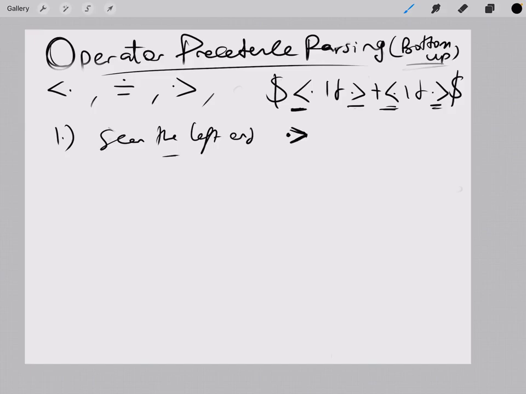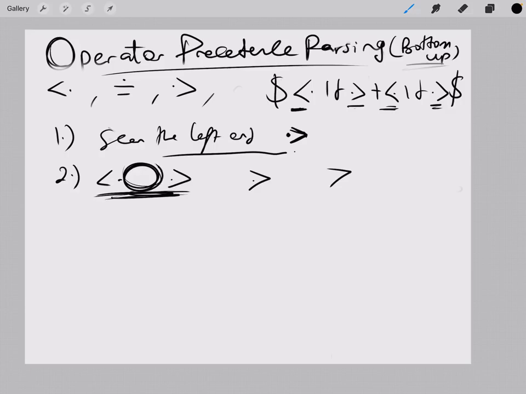So we'll be scanning like this until we reach this. When we reach this guy, what do we do? We consider everything from this guy to this guy, the leftmost version of this, because there might be more that's showing up. But when we hit the first, whatever all of this is will be our handle. Whatever happened between this guy and this guy will be our handle. And then we'll need to handle that.